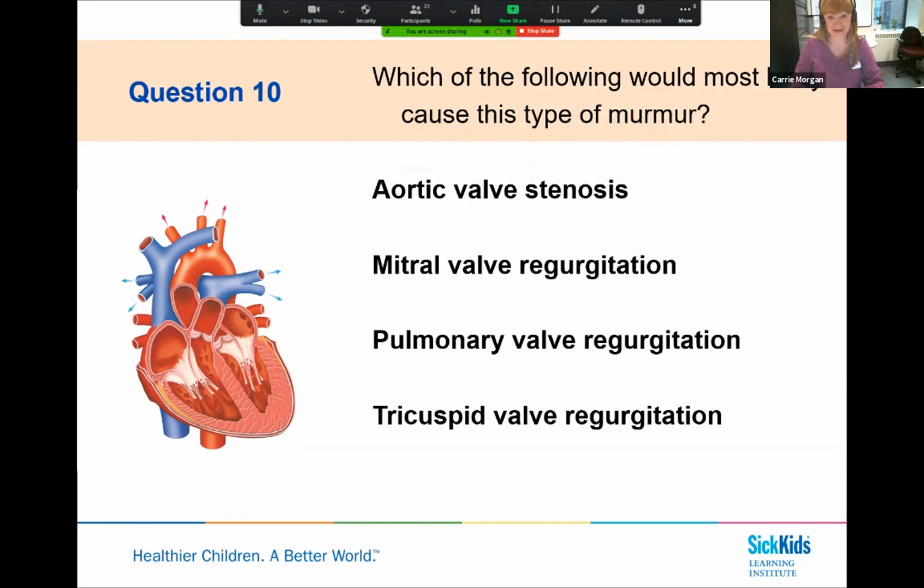I can see the polling's being submitted now, so this is good. Now remember, it's anonymous, so there's no harm in guessing.